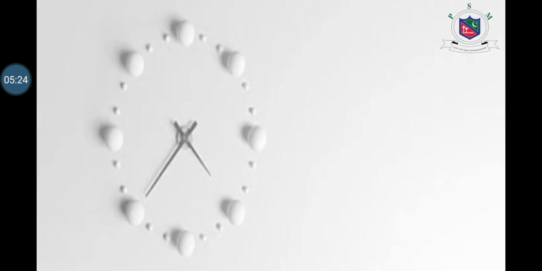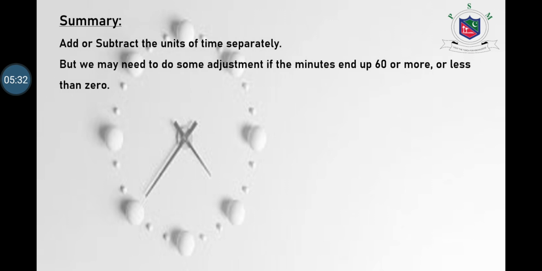I hope, my dear students, it is clear to all of you, and now you can practice some more questions easily. Let's summarize our lesson. Add or subtract the units of time separately, but we may need to do some adjustment if the minutes end up 60 or more or less than 0. To add units of time, follow these steps.